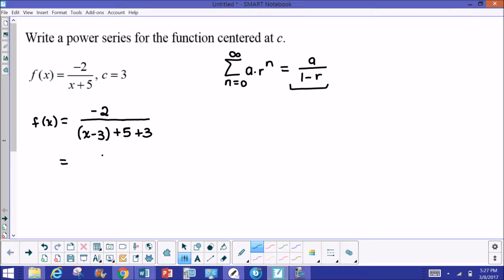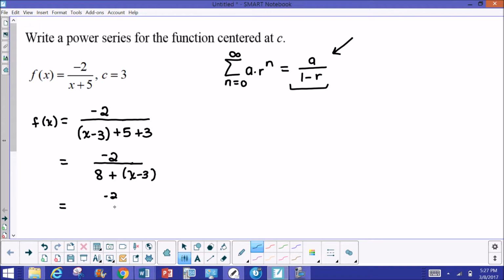Now if we work on this a little more, namely adding the 5 and 3 together, writing that first, we start to look at this further and say, does that really look like this guy? And the answer is that it really doesn't. For one thing, this number 8 has got to change and become a 1. Well, that's pretty easy to do.